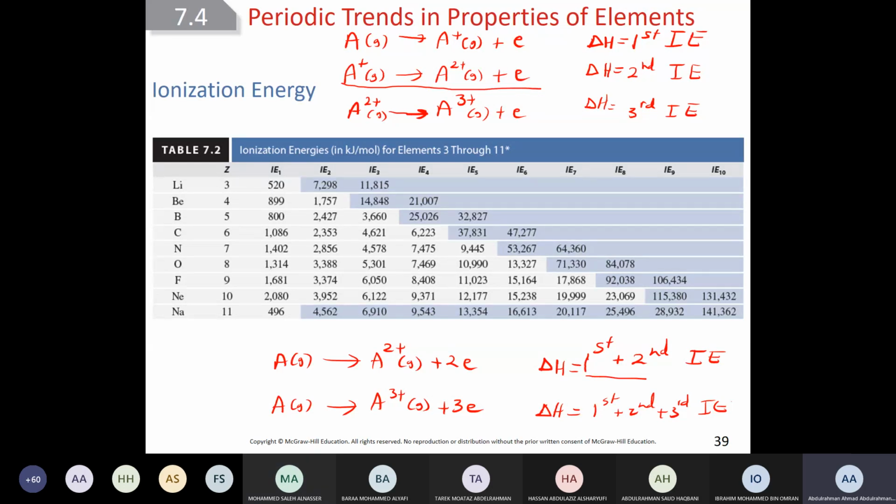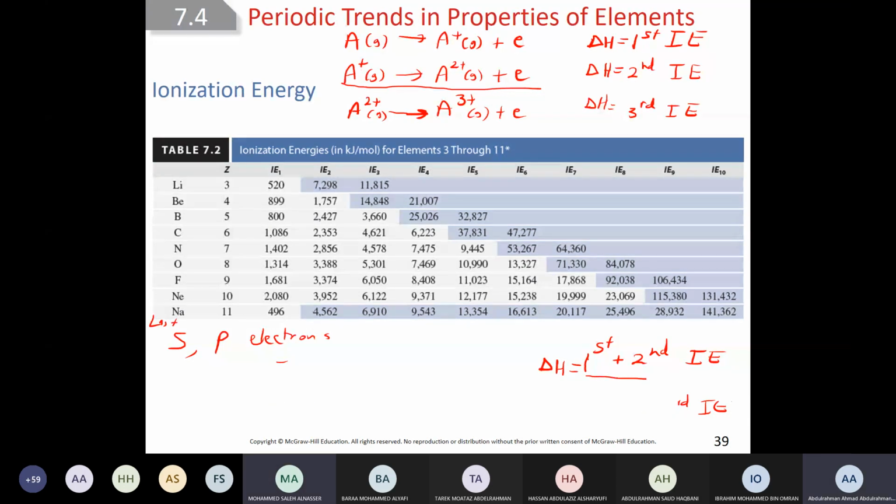What do we call the last s and p electrons? Valence. Yes, exactly. The last s and p electrons are called valence electrons. And what do you call the electrons that are not valence? There is a name for it.